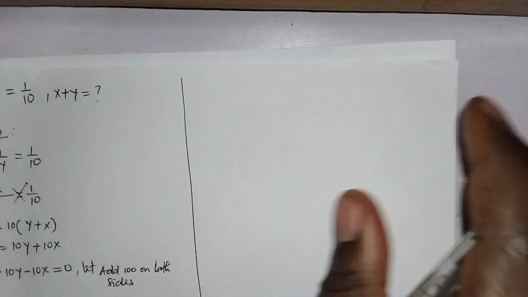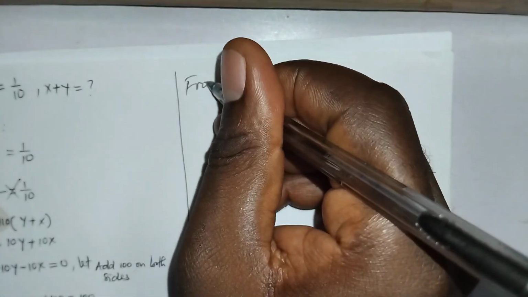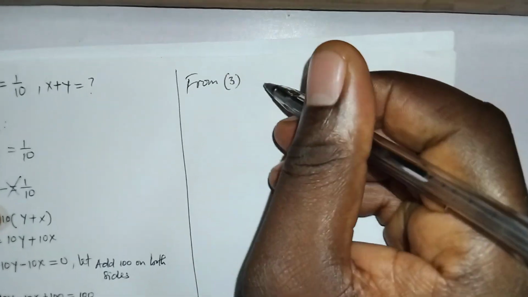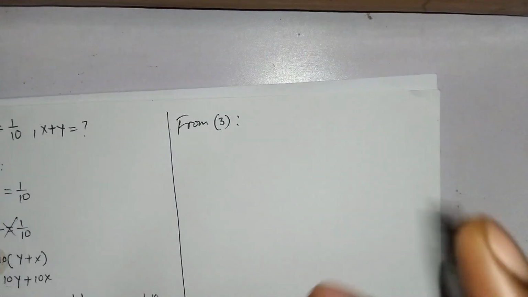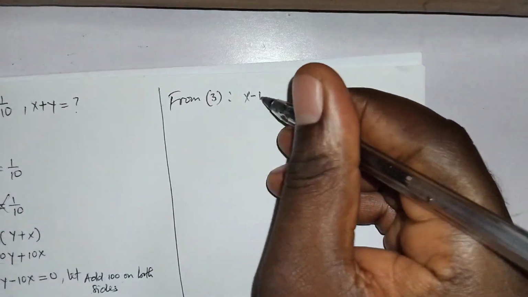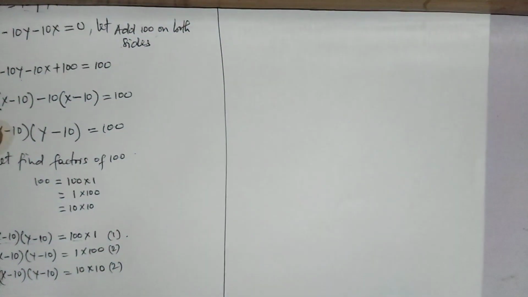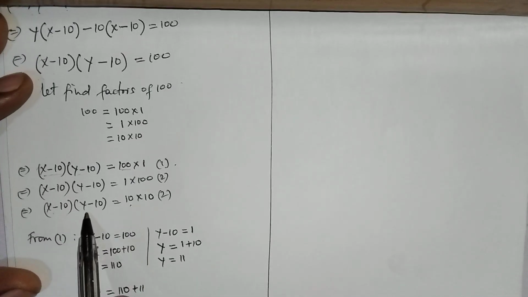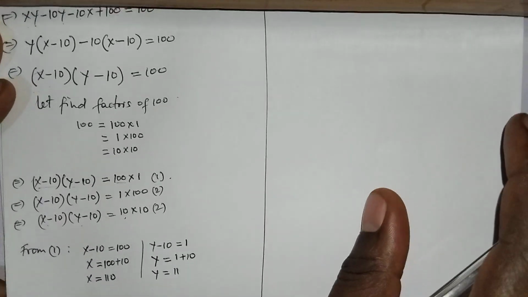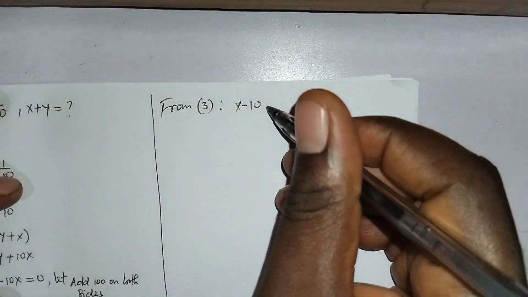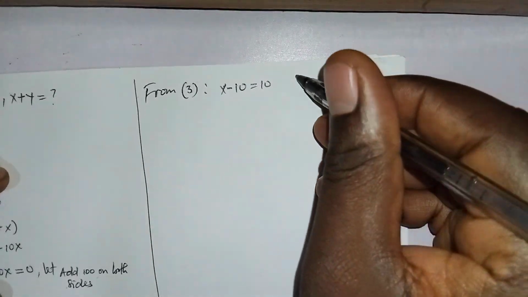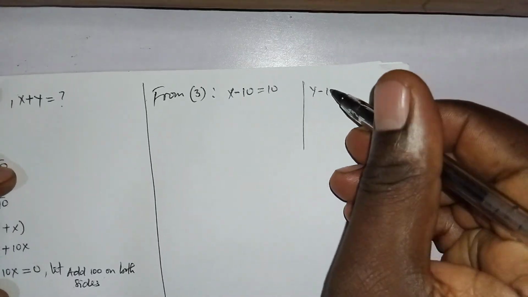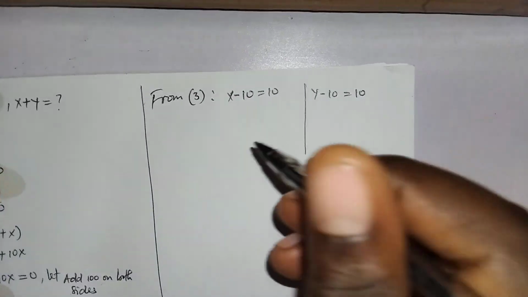And from the third, from equation 3, x minus 10 is equal to 10 and y minus 10 is equal to 10.